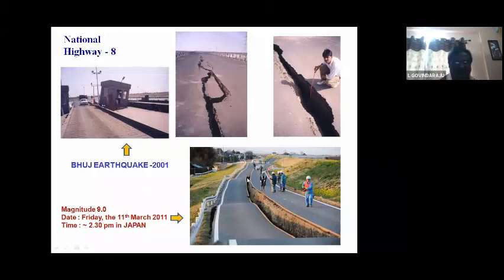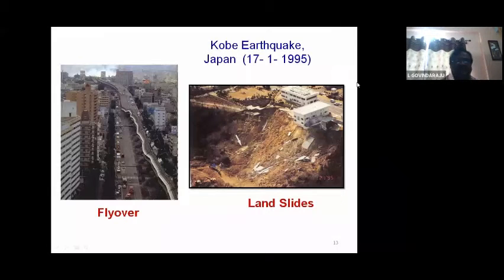This was one of the new roads that was built actually. This suffered huge damage. This is in the Kobe earthquake on 17th January 1995, a great earthquake. You just see that it's an express flyover, simply toppled.